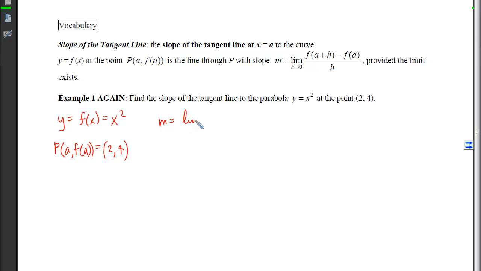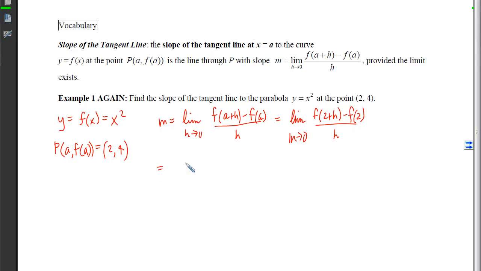So I'm going to write the limit as h approaches 0 of f of a plus h minus f of a over h. Then I'm going to plug my a in. So I'll have the limit of f of 2 plus h minus f of 2 over h.